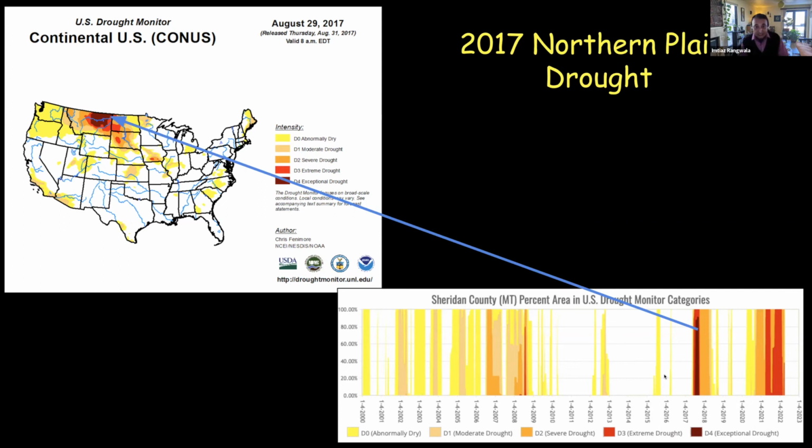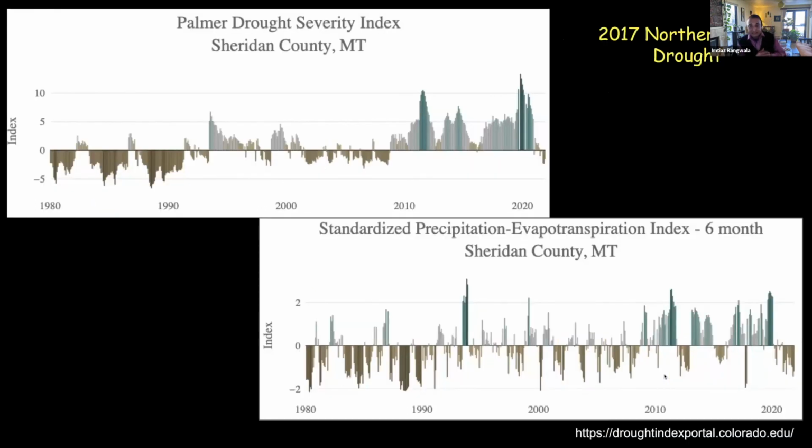If you look at these different indices for that county, are they capturing that drought? On top is the Palmer Drought Severity Index, and the bottom is a 6-month SPEI. You can see that the Palmer Drought Severity Index, which captures the long-term trend in soil moisture, didn't catch the drought at all.